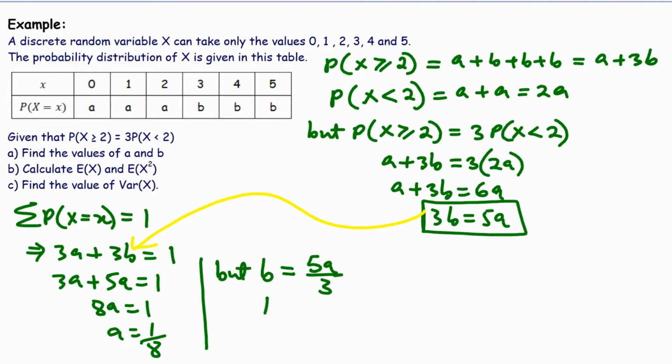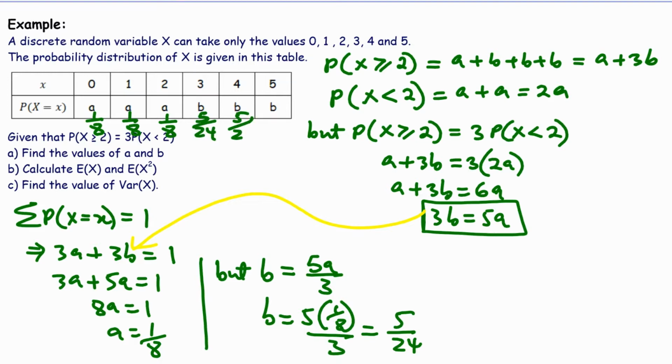So that means that b will be equal to 5 lots of a, which is 1 over 8, over 3. And if you work that out, you should end up with 5 over 24. It's a fraction. So a is equal to 1 over 8 and b is equal to 5 over 24. Now we can plug these probabilities into this table. So in place of a, we have 1 over 8, so that is 1 over 8, 1 over 8, 1 over 8, 5 over 24, 5 over 24, and 5 over 24.